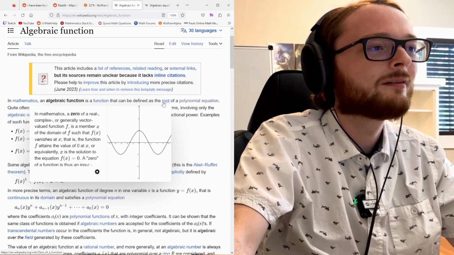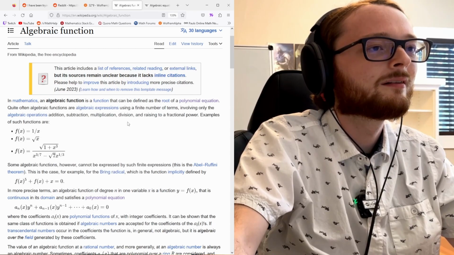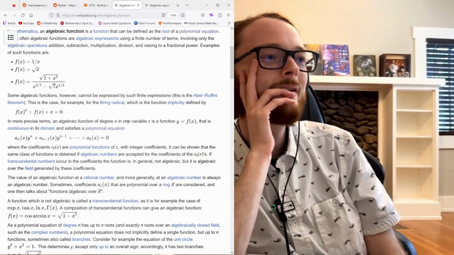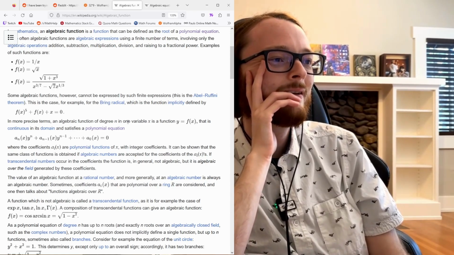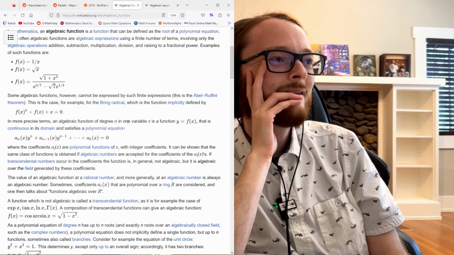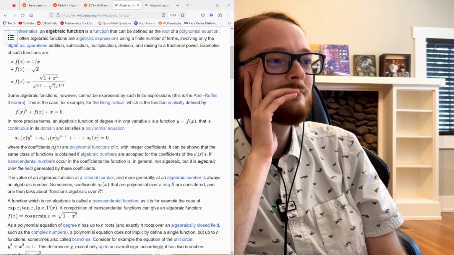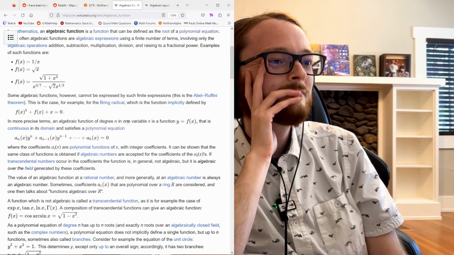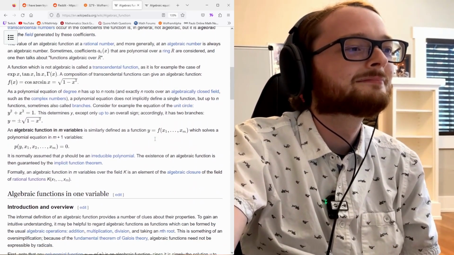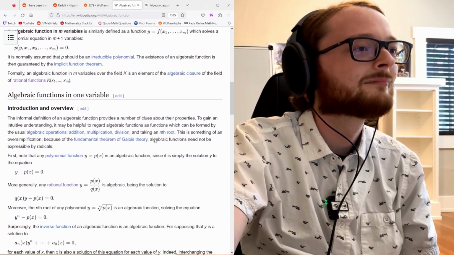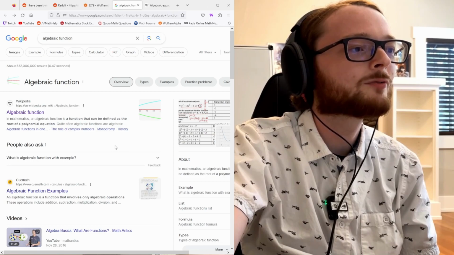What? Okay, should I get a different page than Wikipedia maybe? Right, Wolfram? Oh, they might have a page for it too.